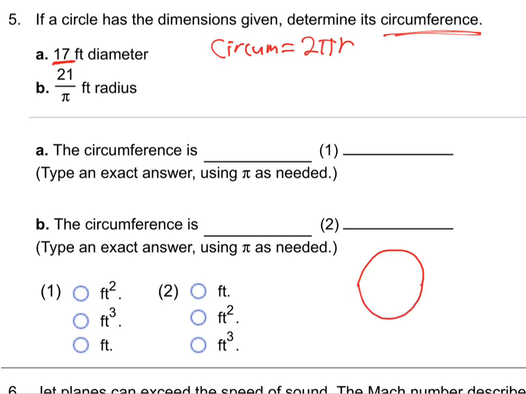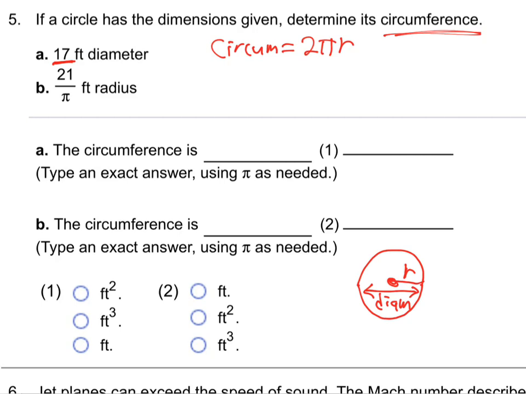Remember diameter? What's the diameter of a circle? Diameter is all the way across. Radius is just halfway. You guys are thinking right. And diameter is all the way. So radius is half a diameter. Radius is just from the middle to the edge. Diameter is all the way across.